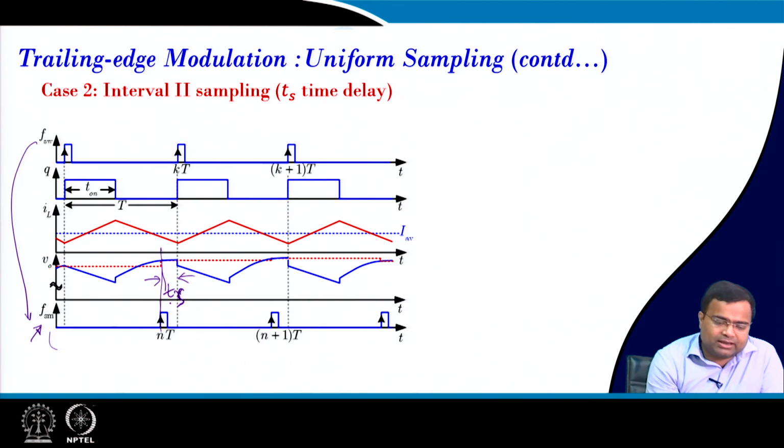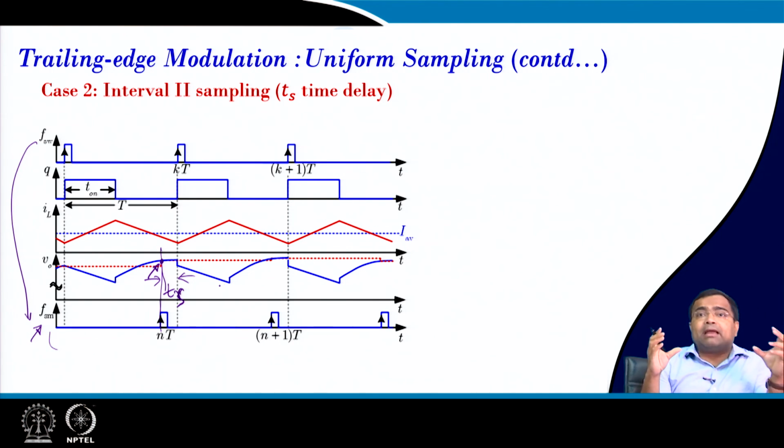Another interesting point in the boost converter: if you take the sample here, the boost converter actually suffers from a right half plane zero. So whether we should take the sample point at the peak voltage or the valley voltage may slightly affect the RHP zero effect, and there are research papers on this, but we are not going to discuss it. When we come to the boost converter current mode sampling, we will discuss some aspects there.